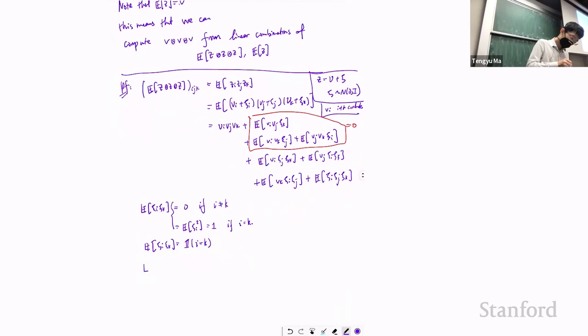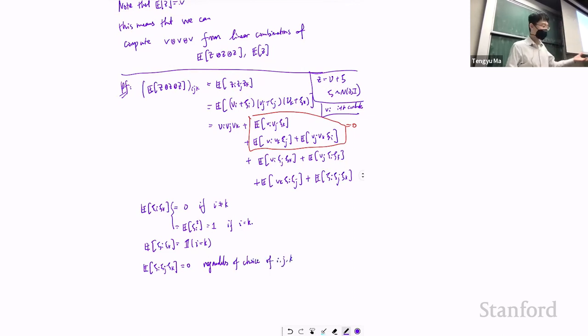And you can also try to deal with ξ_i ξ_j ξ_k. Here you can do the same thing and divide it into different cases: whether i, j, k are all the same, or two of them are the same and the other is different. There are a few cases. If you enumerate all of those cases, it turns out it's always 0, regardless of the choice of i, j, k, but for different reasons.